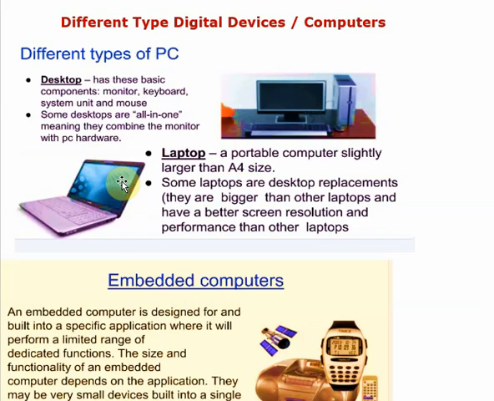So we need to understand certain laptops you can use instead of the desktop because of the screen size. Otherwise the laptop screen is a little smaller than the desktop, and mainly because of the portability we are using the laptop.